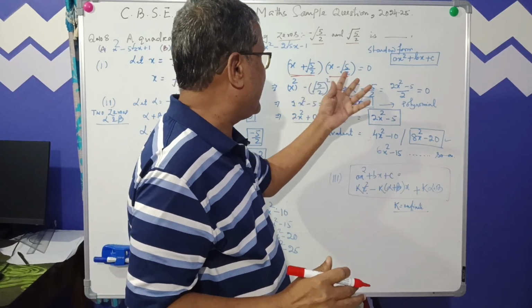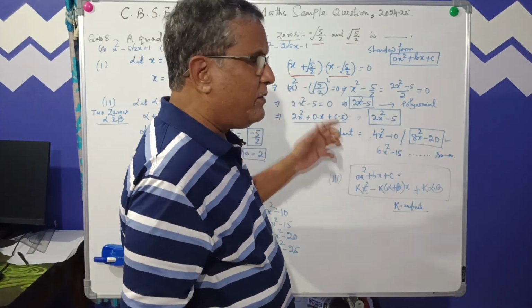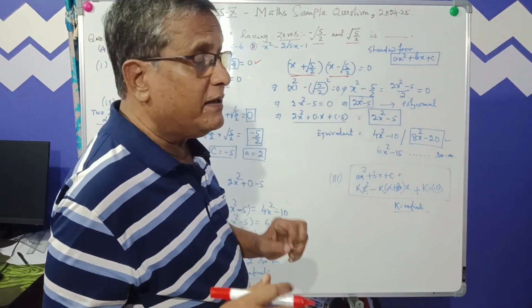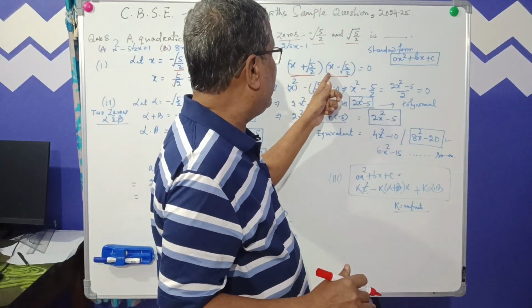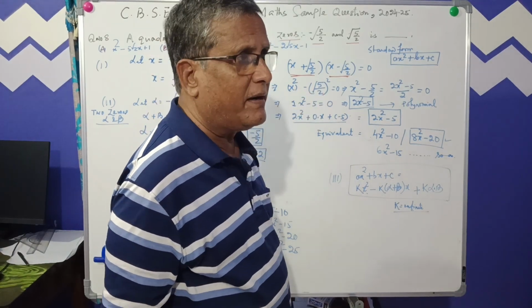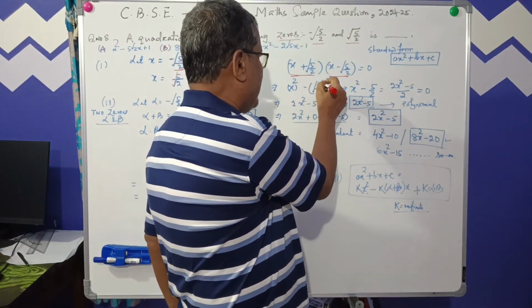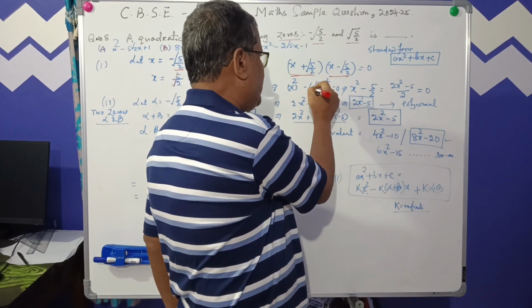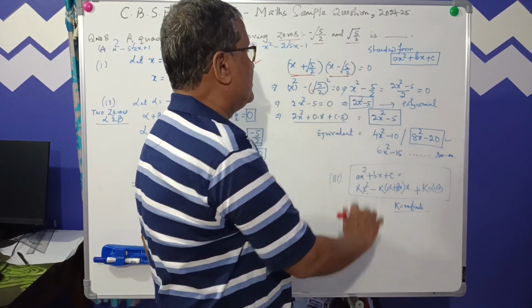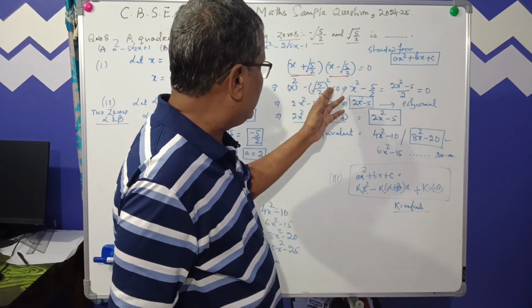Now recall the identity a plus b times a minus b, which is a square minus b square. So we can write x whole square minus root 5 by 2 whole square, and the product is equal to 0.